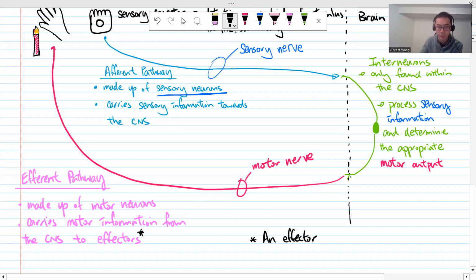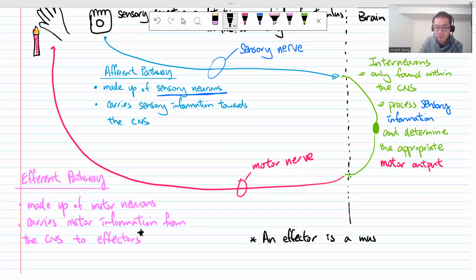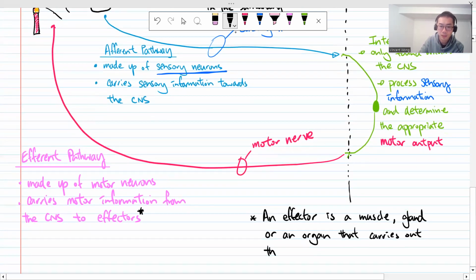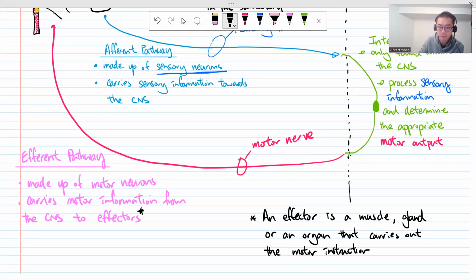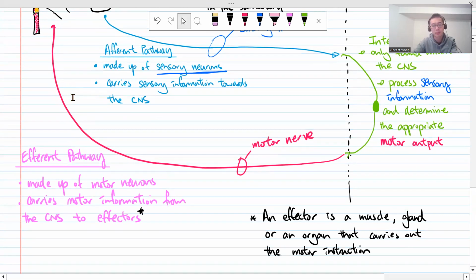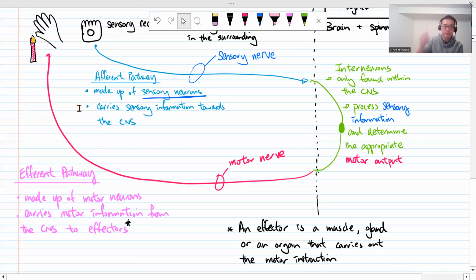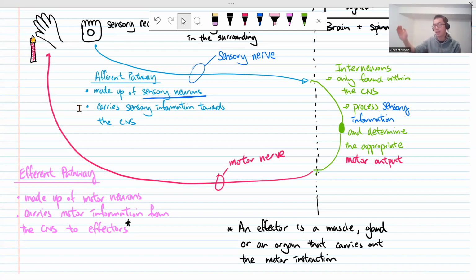This has absolutely nothing to do with it, okay? It's just the same word. An effector is a muscle, gland, or an organ that carries out the motor instruction. So in this case, the effector is the hand, right? To get out of the way from the flame.